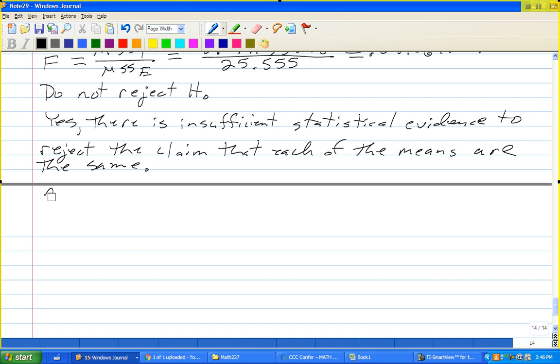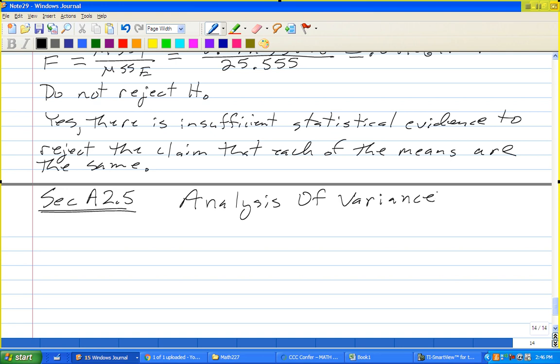So now what I'll do is I'll go on to section 2.5, which says analysis of variance with Microsoft Excel.